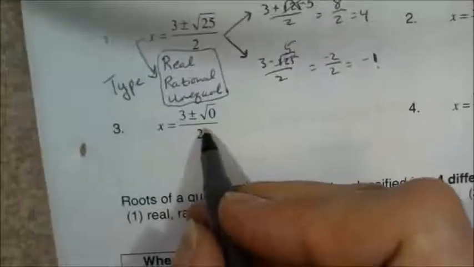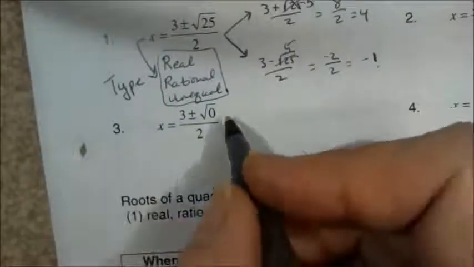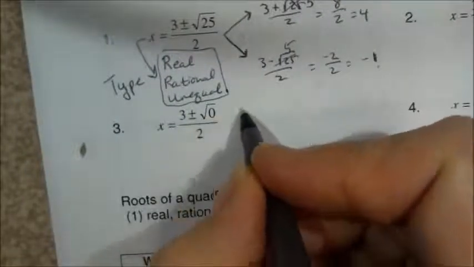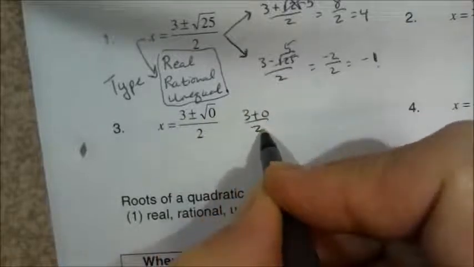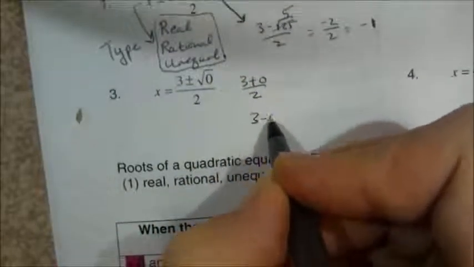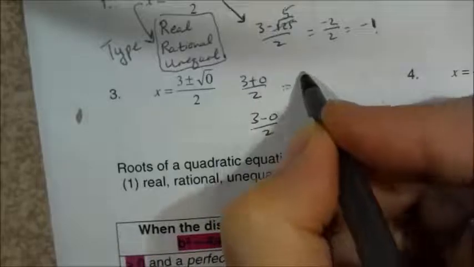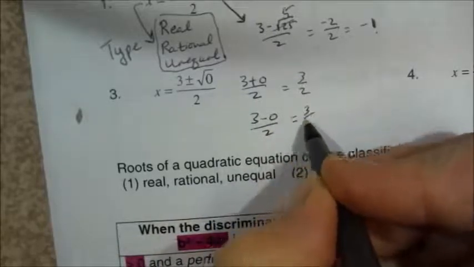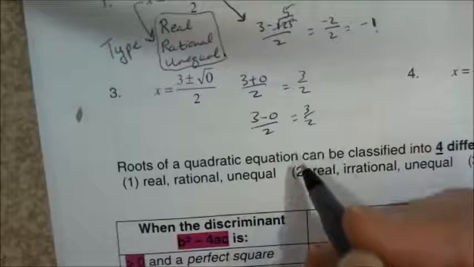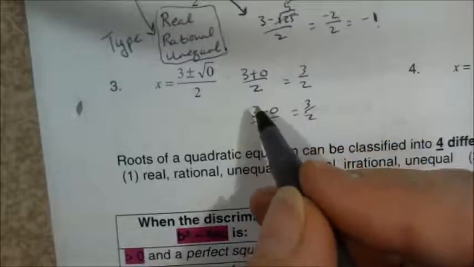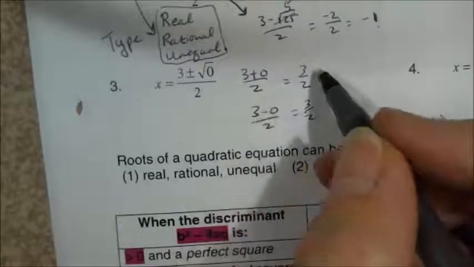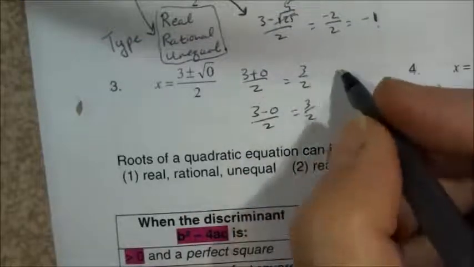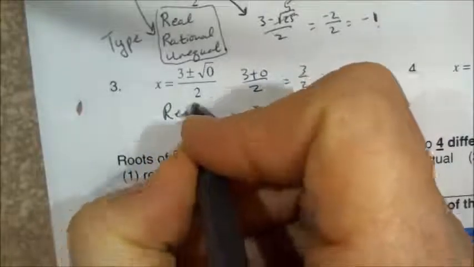Down here on number 3, if you remember from the previous page's example, we have 3 plus 0 over 2, and 3 minus 0 over 2. Well, this just becomes 3 over 2, and this becomes 3 over 2. They're the same thing. They're equal to each other if you have a square root of 0. So are these roots real? Yes, they're real numbers.